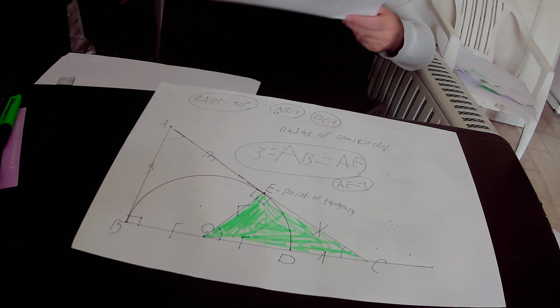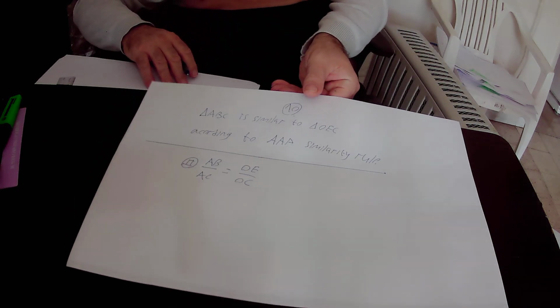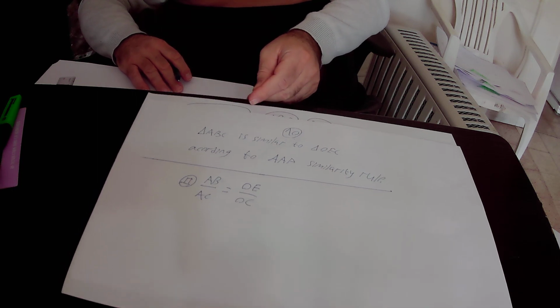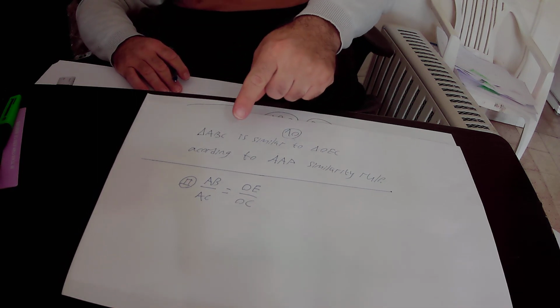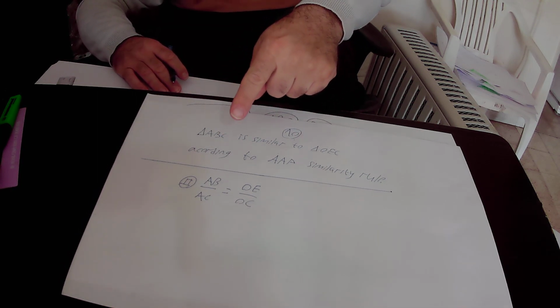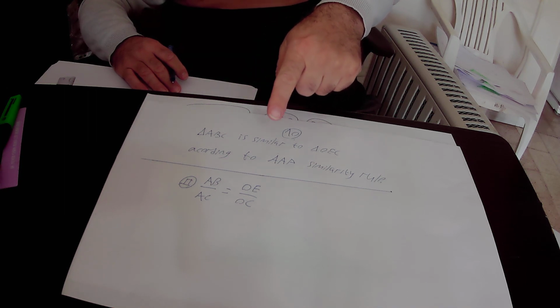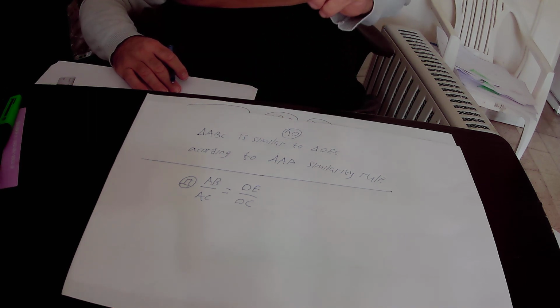I repeat again. From the fact that triangle ABC is similar to triangle OEC, we will conclude that AB over AC in triangle ABC equals OE over OC in triangle OEC.